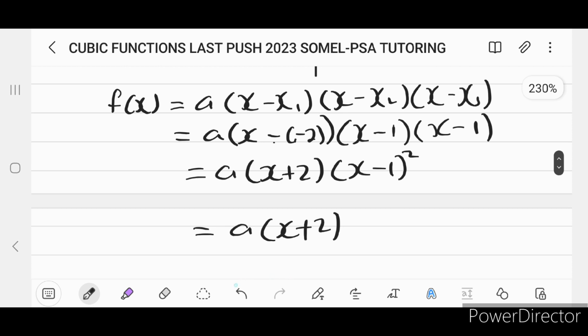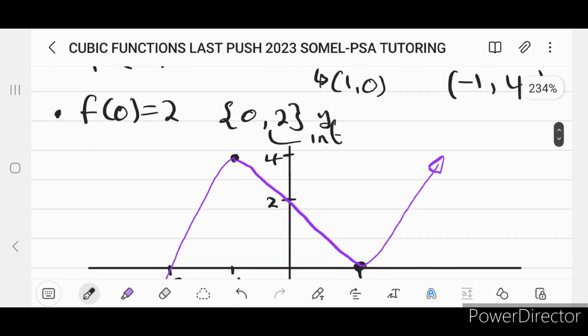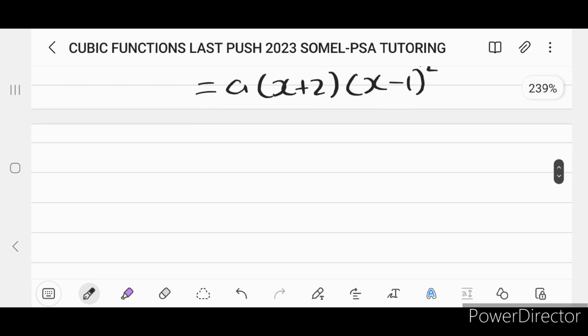because I must solve for a. So let me solve for a first before I even go further. I must just find another point on the function which is not the x-intercept. The point that I choose is 0 and 2. So I'm looking for a.